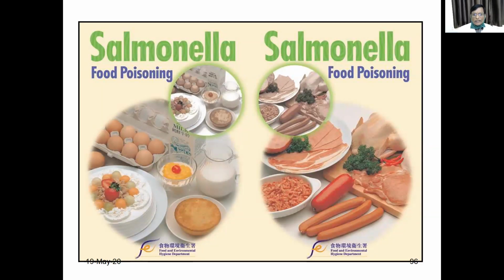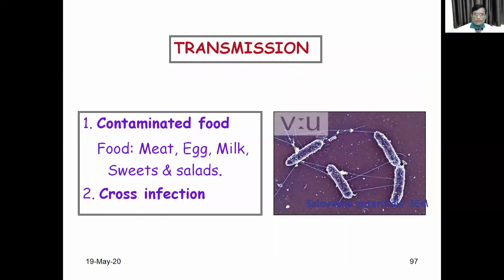So when this egg is coming out from the rectum, the fecal matter is contaminated all around, and that fecal matter sometimes contains this food poisoning carrying Salmonella. So food, meat, egg, milk, sweets, and salads, cross infection is common.